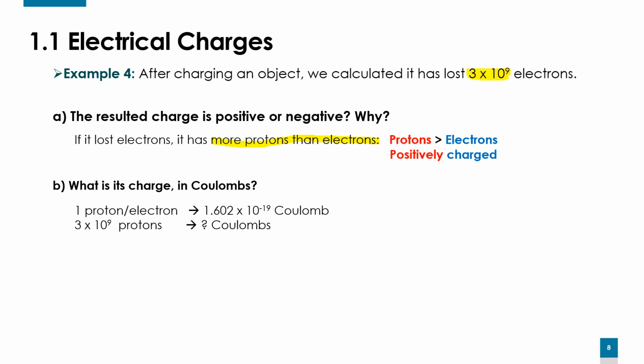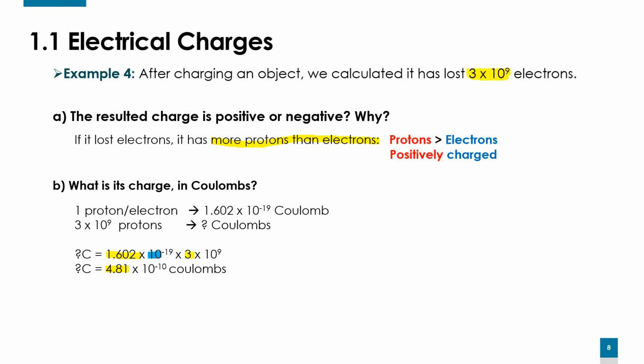And what is going to be the charge of this one? So I just calculate the times. 1.602 times 10 to the power of minus 19 times 3 times 10 to the power of 9. So first do 1.602 times 3. I'm gonna get 4.81. After that, look at the 10.